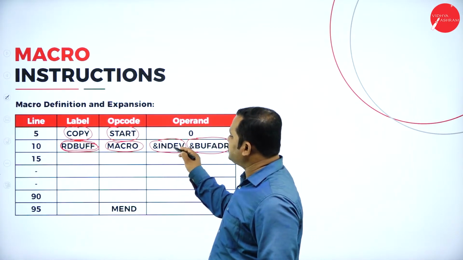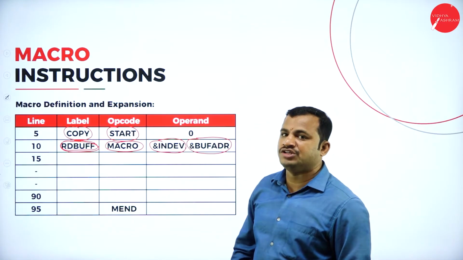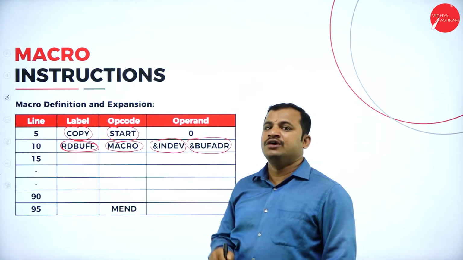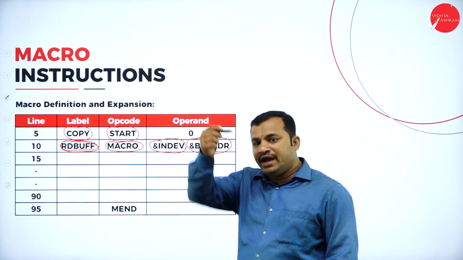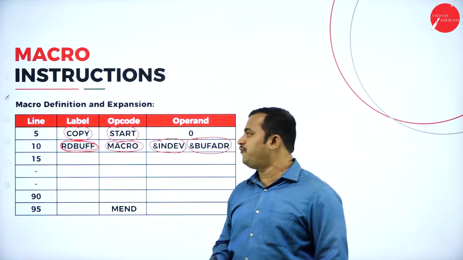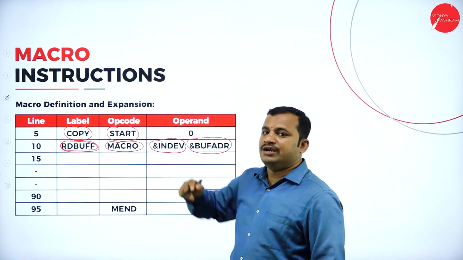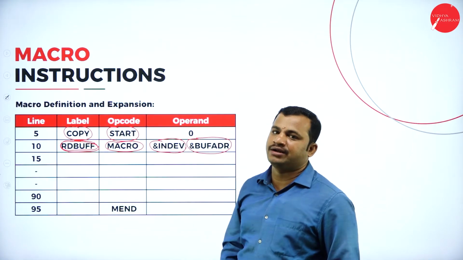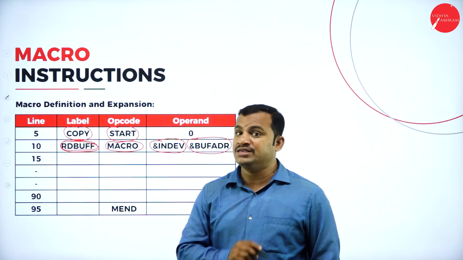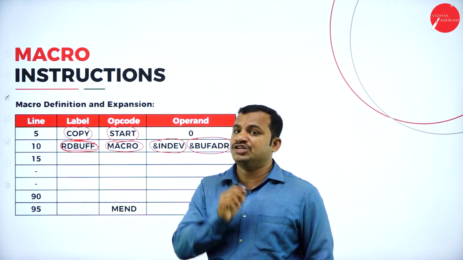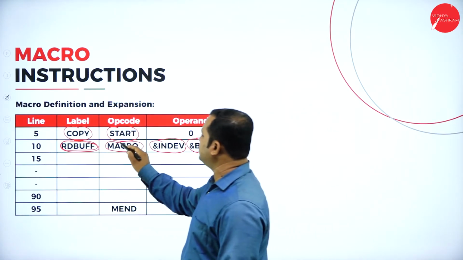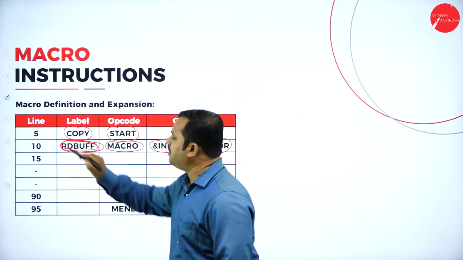By passing this information to the read buffer definition, the statements written inside the definition of macro read buffer get executed, and after the execution of the read buffer macro, it returns back to the location from where it was called. That is how the functionality applies, right? But in the case of macro definitions, the entire definition is placed in this location, which is where the label is used.